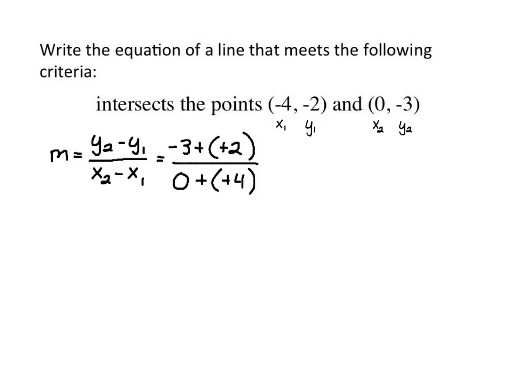So if we simplify this, negative 3 plus 2 is negative 1 on the top, and then 0 plus 4 on the bottom. It looks like our slope is negative 1/4.